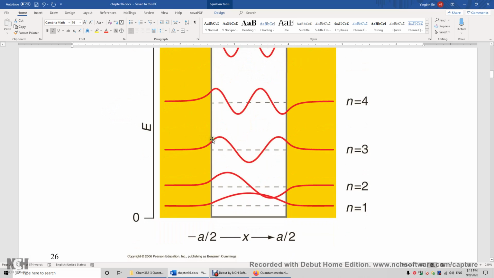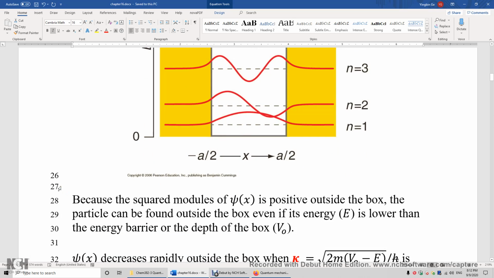So what's going on? Well, this is the so-called tunneling effect. The wave function of the particle can be non-zero outside the box. That means the particle may appear outside the box. Again, psi is non-zero outside the box. It can be positive, it can be negative. Therefore, the squared modulus of psi is positive.